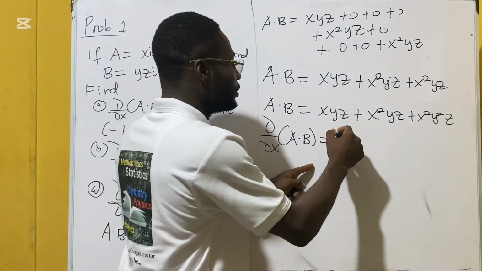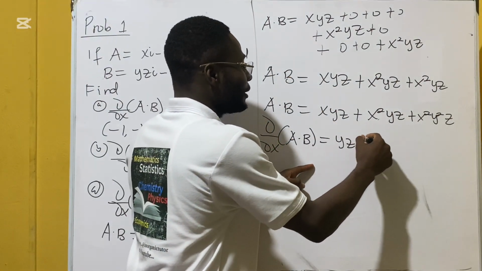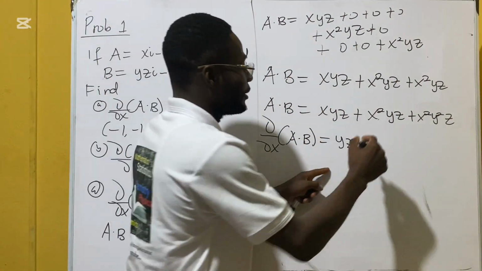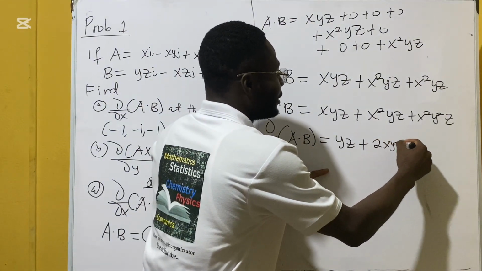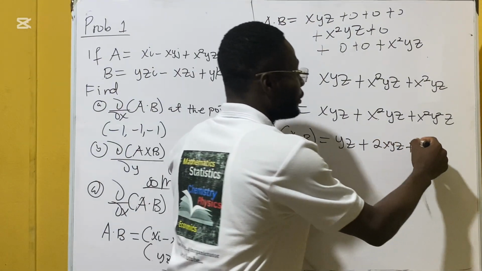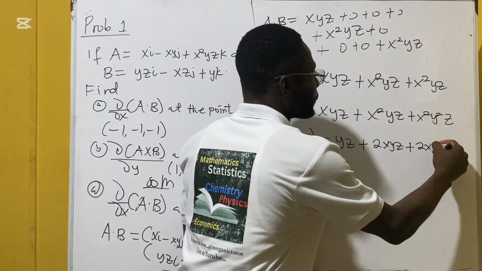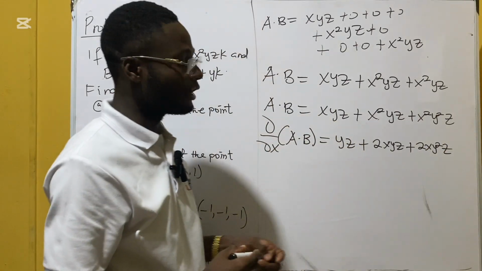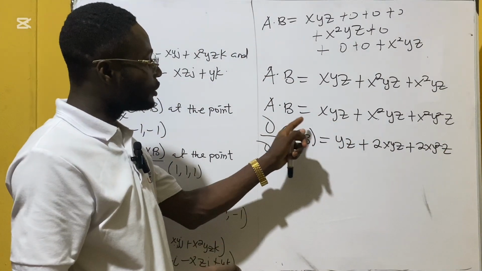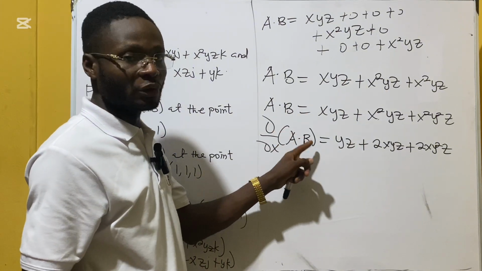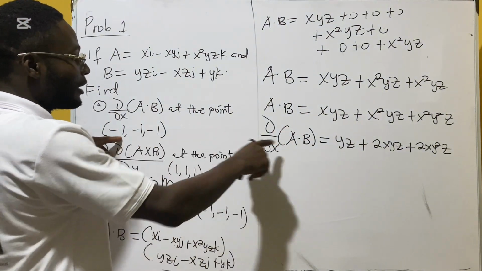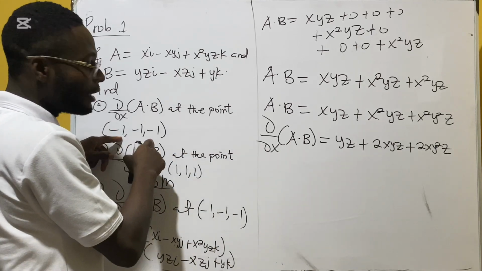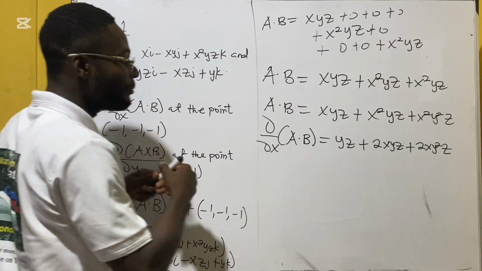So that is going to be yz plus 2xyz plus 2xy squared z. Okay, so we have been able to differentiate a dot b with respect to x, and we are asked to find that at -1, -1, -1.